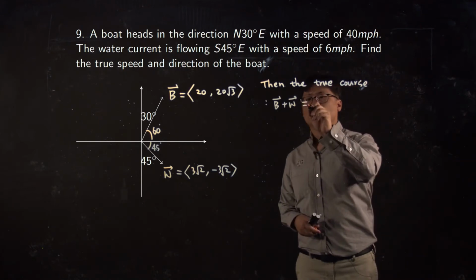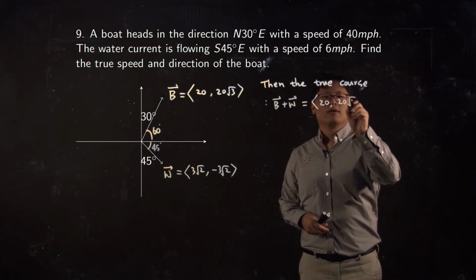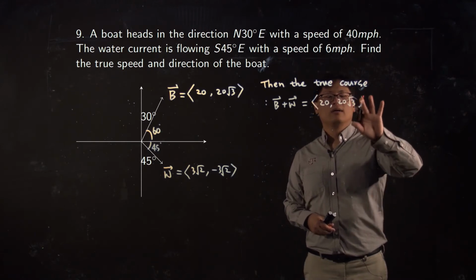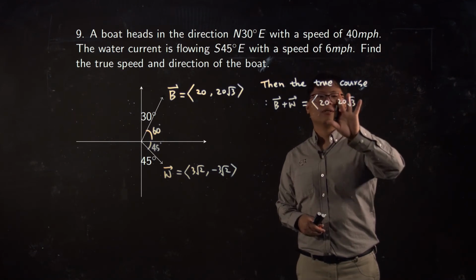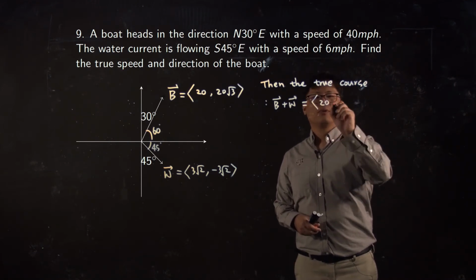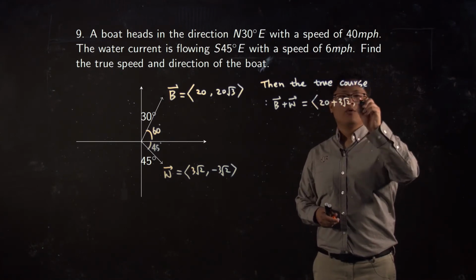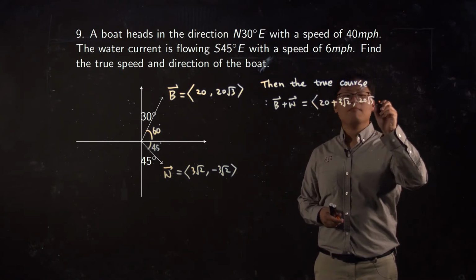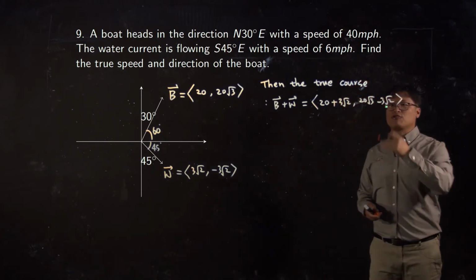It is equal to, no, I said we're going to add up, so 20 plus 3 square root 2 for the X component. Don't make a mistake like me, okay? And then the Y component addition, 20 square root 3 minus 3 square root 2. That's it. This is the true course.